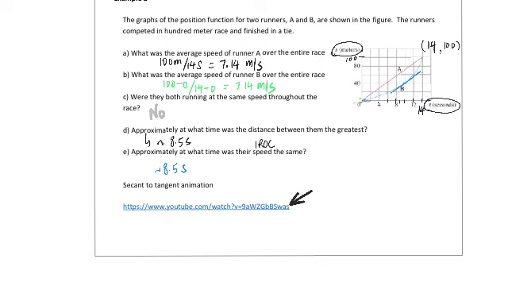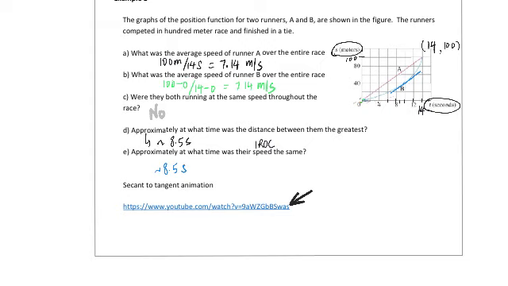It shows you how, with the secant line slope, as you bring the second point closer and closer to the first point, the secant line becomes the tangent line. That's shown really well in that video. So go ahead and watch that video.